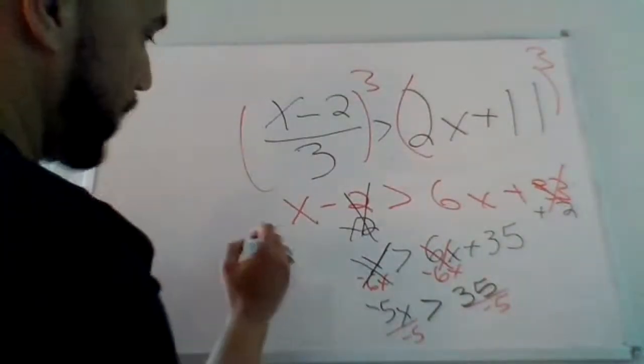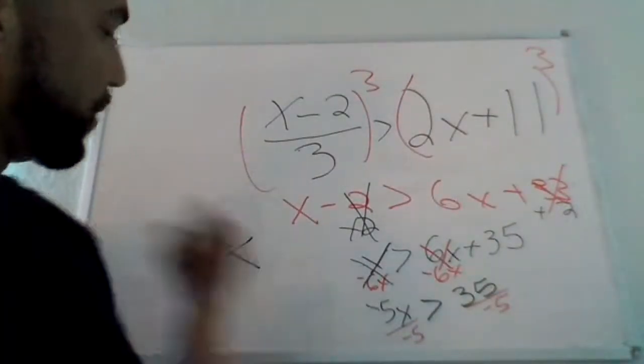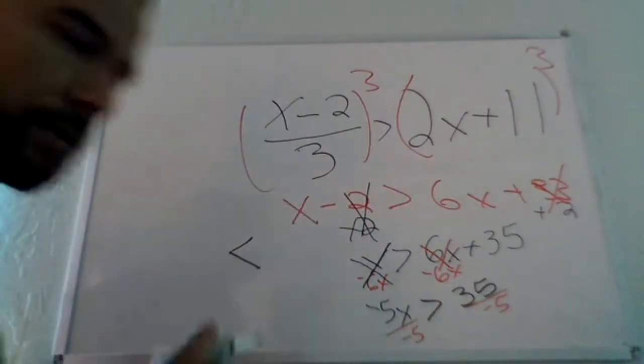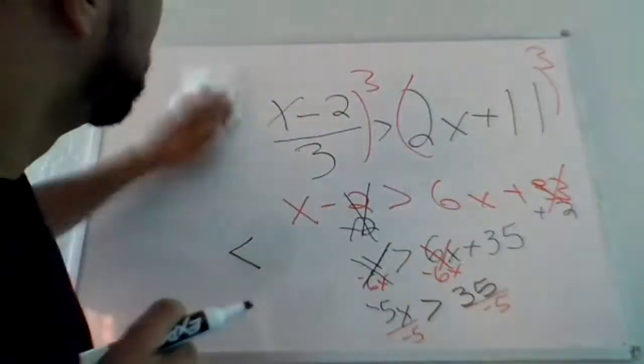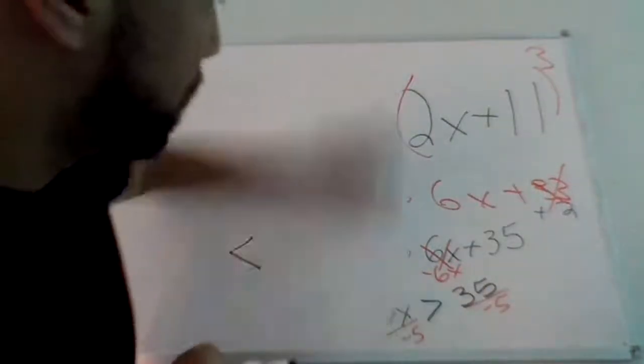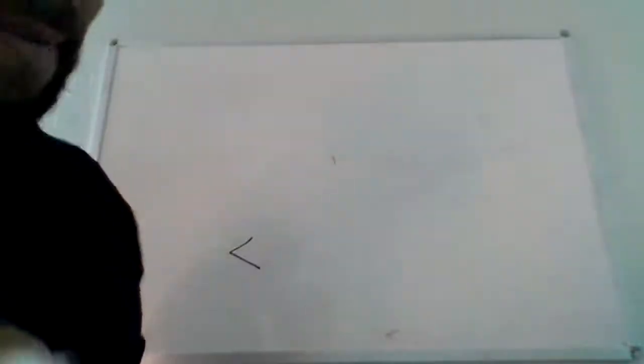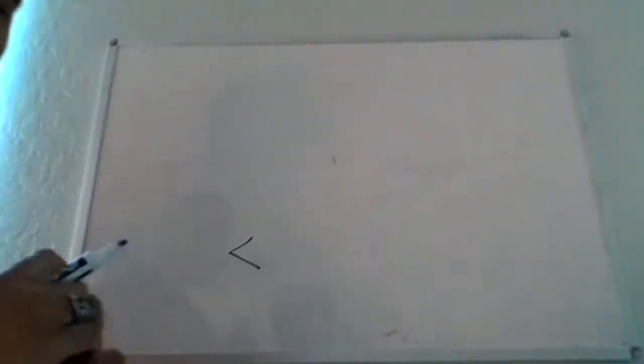Okay, so now it's going to go in the other direction. So what is the solution? Negative 7. Okay, so where am I going to put my x? Where am I putting the negative 7?